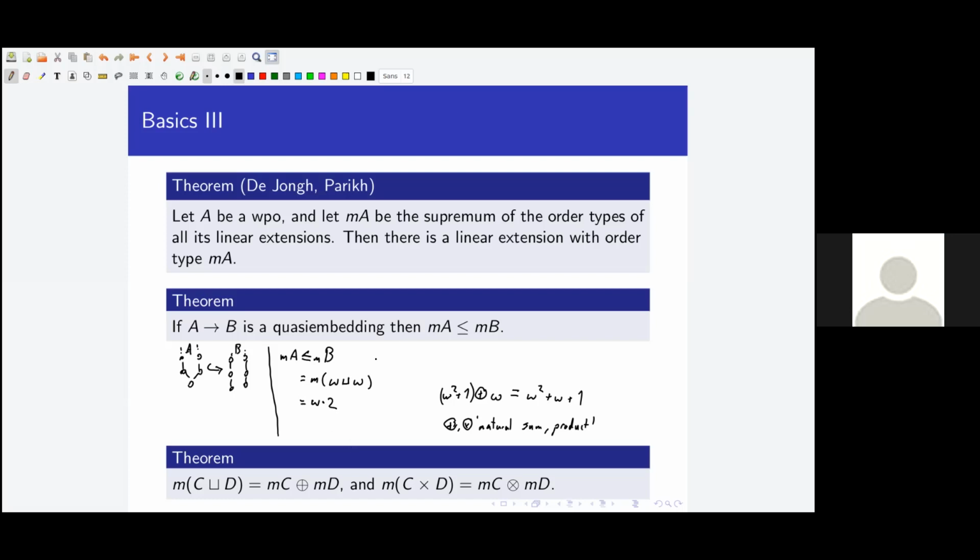So this is all pretty standard stuff. But I'm calling it basics for a reason, because we're going to build on that just a little bit. We're not going very deep into this stuff today.